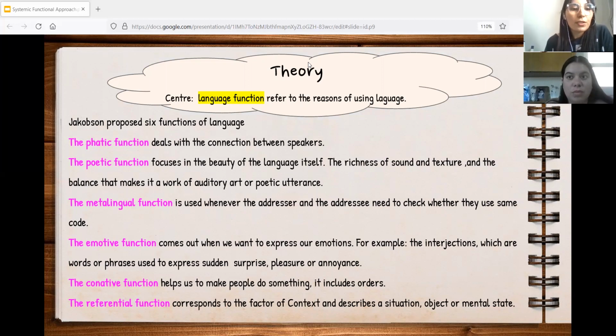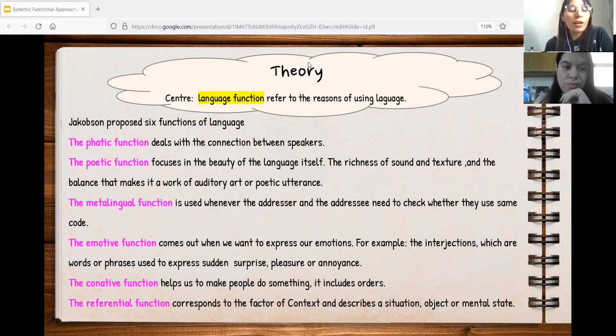The emotive function comes out when we want to express our emotions, for example, the interjections, which are words or phrases used to express sudden surprise, pleasure, or annoyance. The conative function helps us to make people do something. It includes orders.